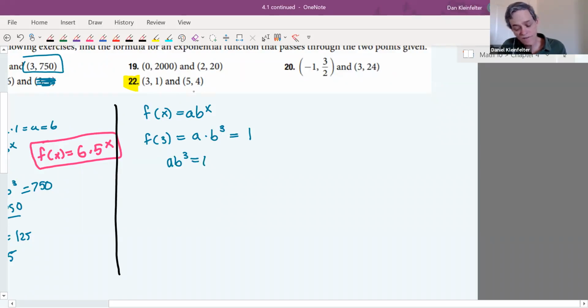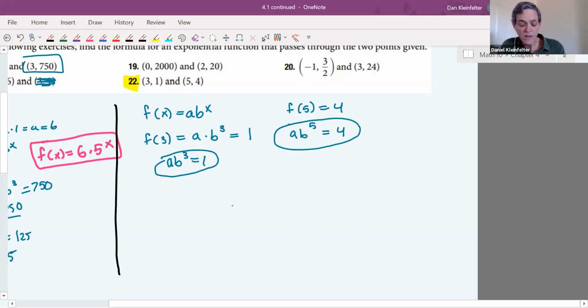And then for (5, 4), we have f of 5 is equal to 4. And f of 5 is ab to the fifth power, and that's supposed to equal 4. Okay, so we have two equations that involve a's and b's, and so that's a system of equations that we can solve.